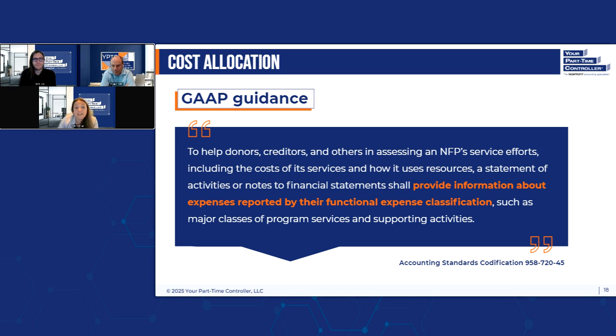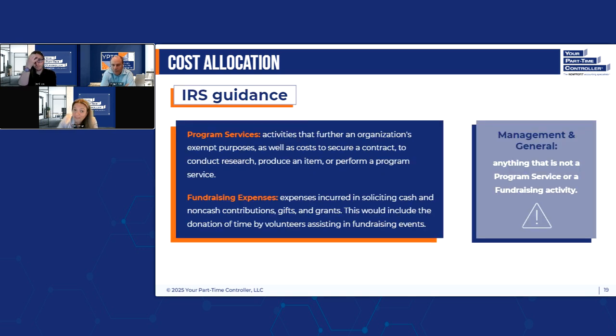So let's go into the IRS guidance because that's equally as important. The IRS defines program services as activities that further an organization's exempt purpose. So that's costs to secure a contract, to conduct research, produce an item, or perform a program service.